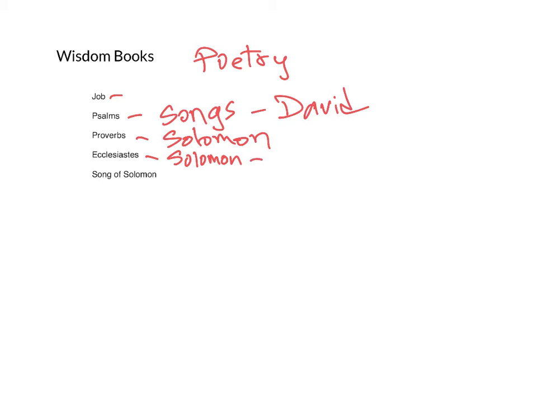The recurring theme in Ecclesiastes is vanity, and you hear him say over and over again, vanity, vanity, all is vanity. The word vanity actually means smoke or mist or something like that. And the idea is that everything that human beings pursue in this life is like a smoke, a mist, a fog.